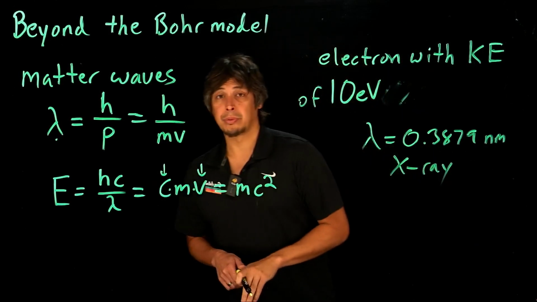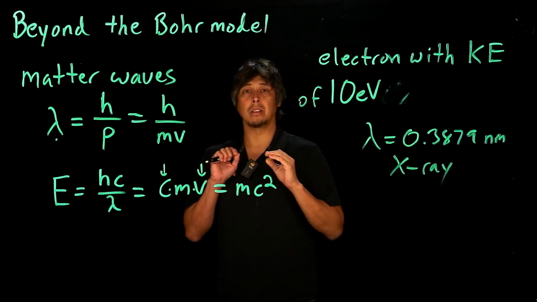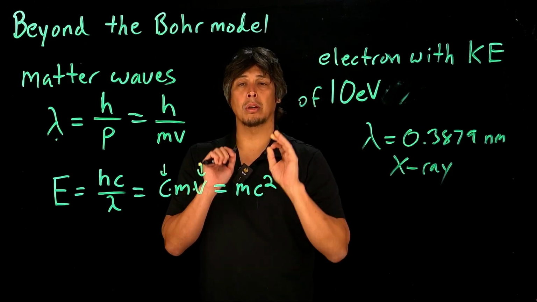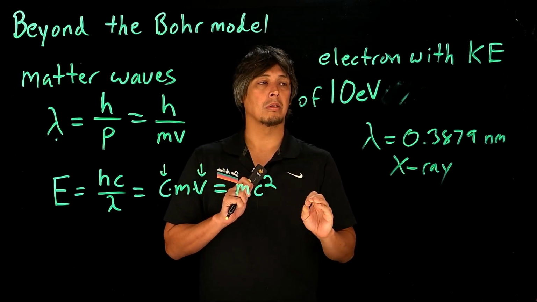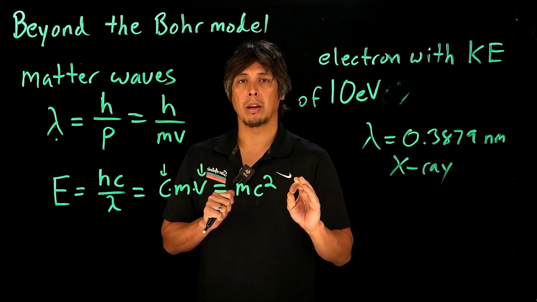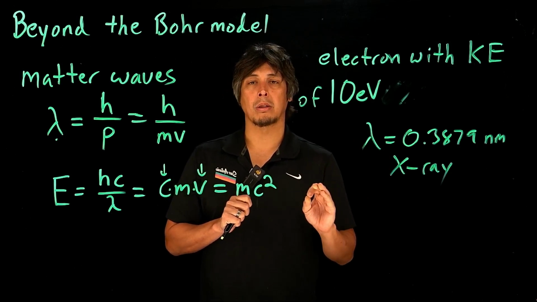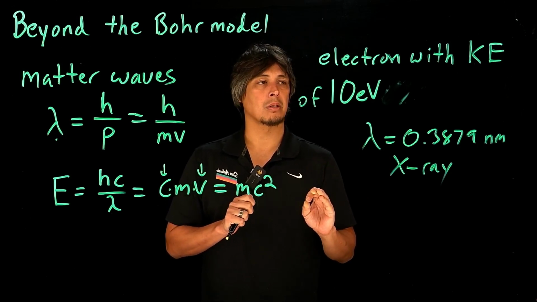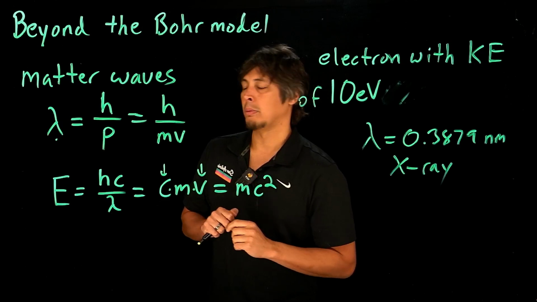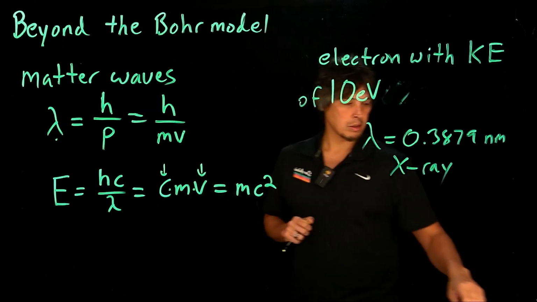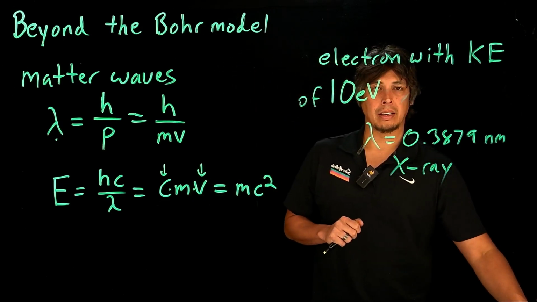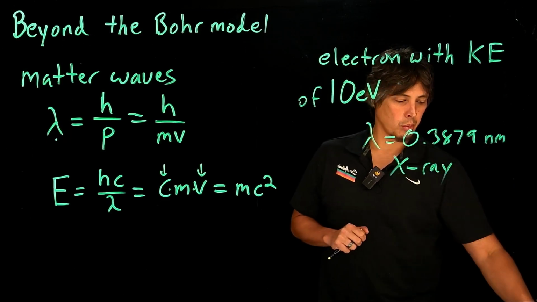And so, again, we are used to thinking of the electron as a particle, but it is going to have a wavelength. In this case, this 10 electron volt electron is going to have a wavelength of 0.3879 nanometers. And so, again, the important part here is that it has a wave property.